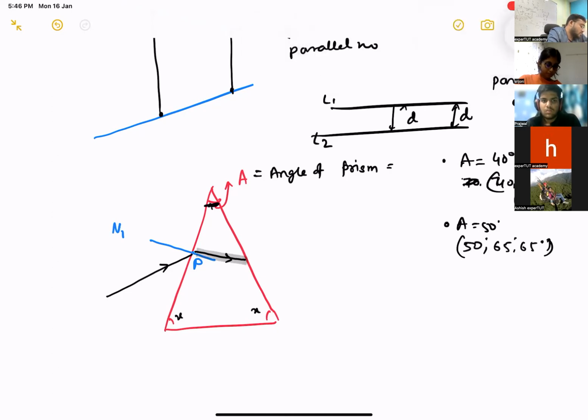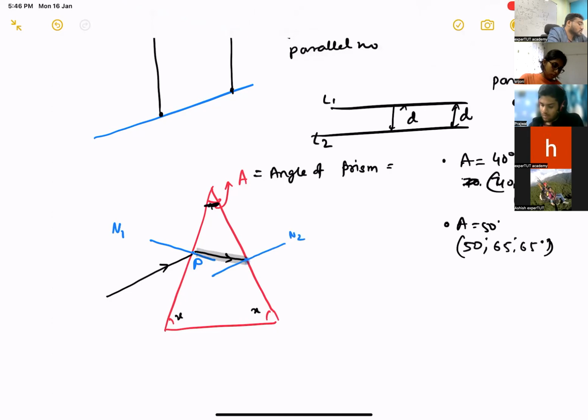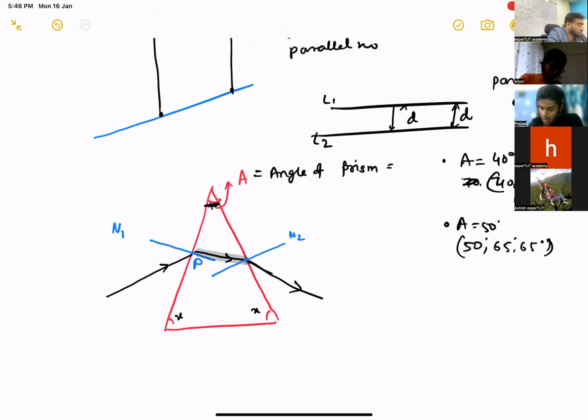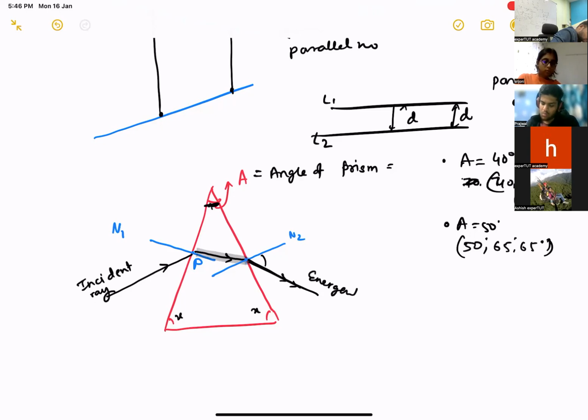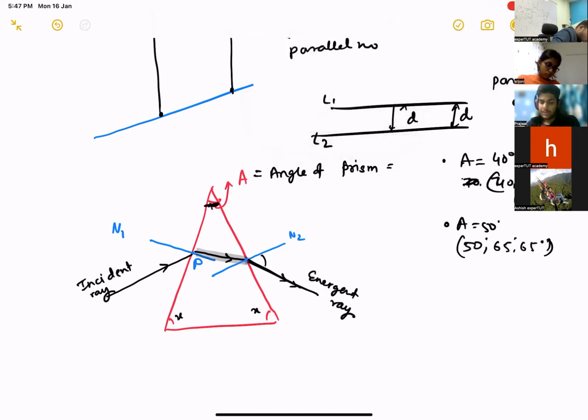Now make the normal at this interface and call it N2. This is the emergent ray, and this is the intermediate ray.